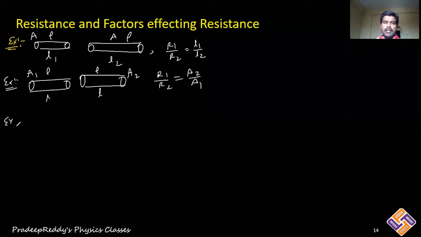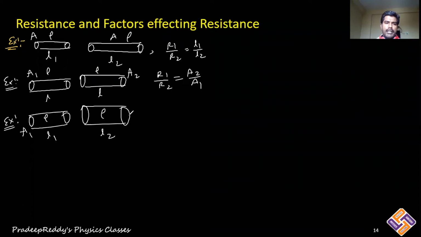And you are taking another example where you have a conductor of area of cross section A1 and length L1 which has resistivity rho. And you have another conductor of the same resistivity but length L2 and area of cross section A2. What has happened in this case? Area is changed as well as length. In such a case, what do you write?